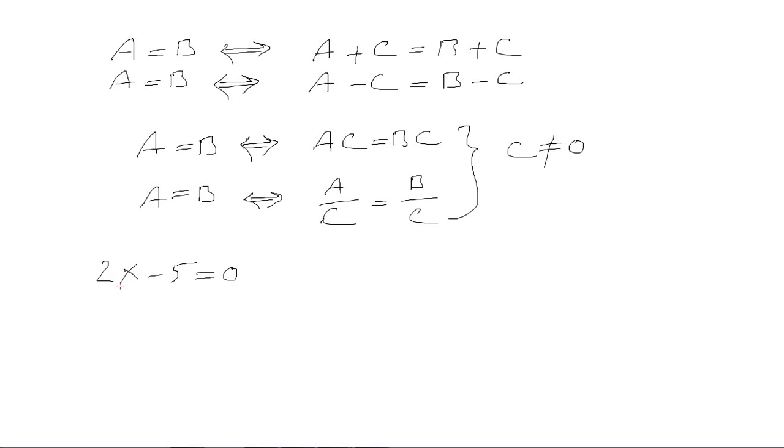Okay, what do I have here? I have a coefficient of 2, and I also have 5 that has been subtracted from 2x. Now we have to get rid of this minus 5 and this 2 on this side of the equation. So how can I get rid of this minus 5 here?